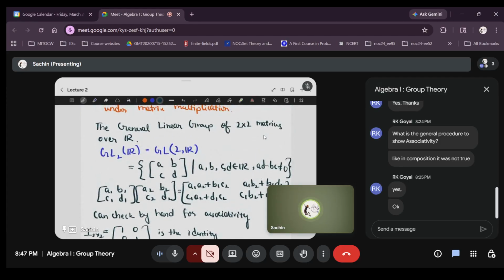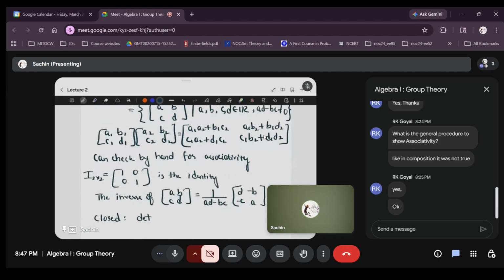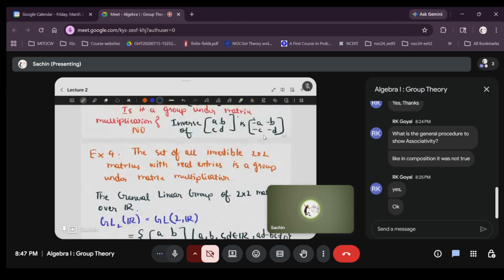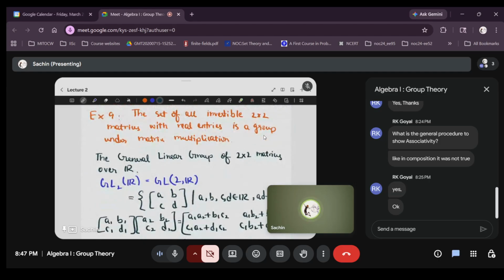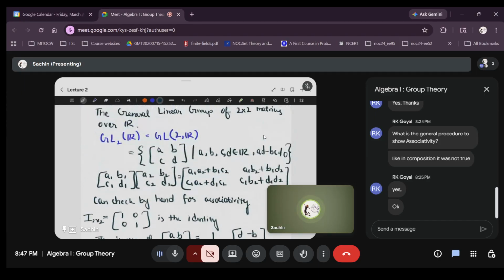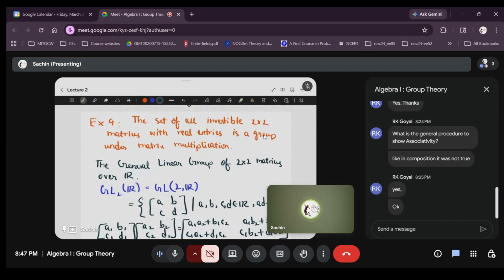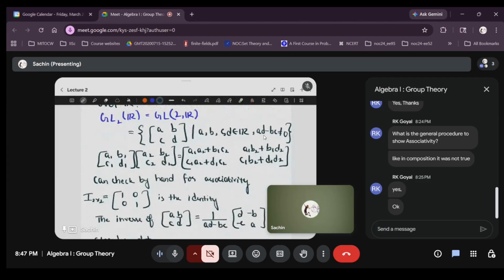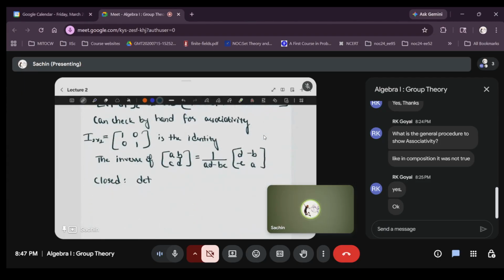But these were invertible, right? We also have to show that the product of two invertible matrices is invertible. Yeah, but that is a problem for a linear algebra course. We'll assume that that is true.